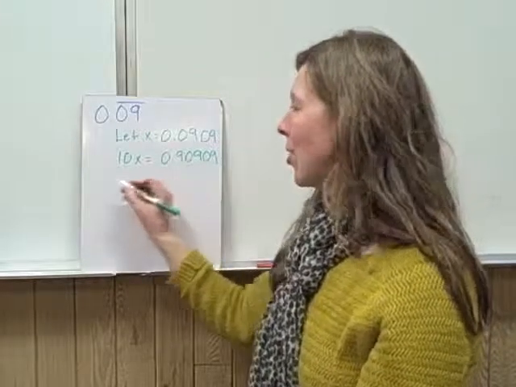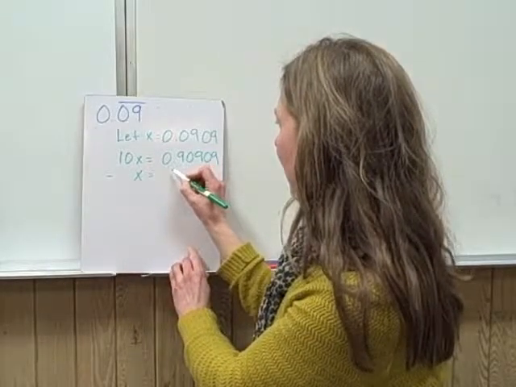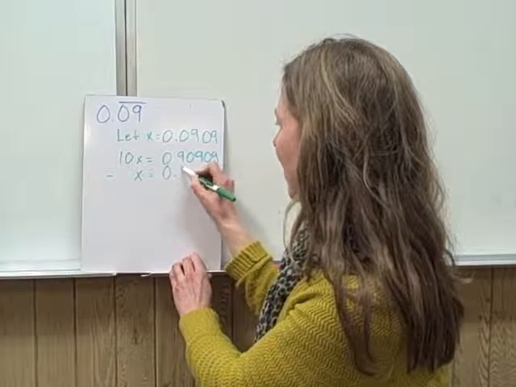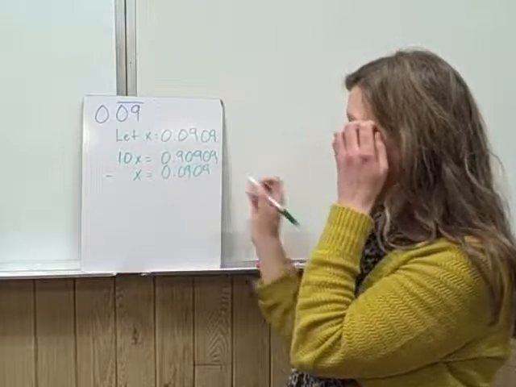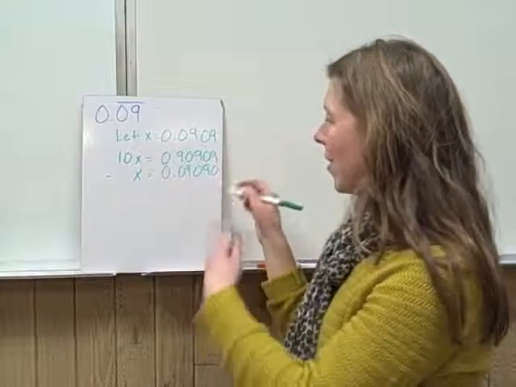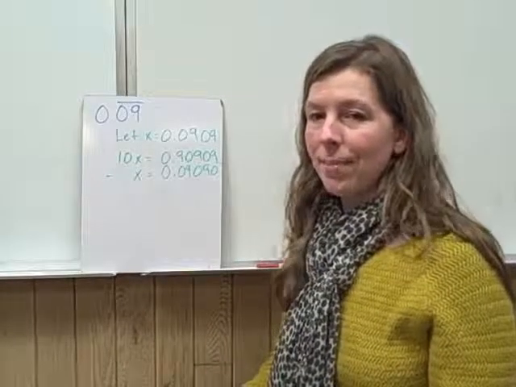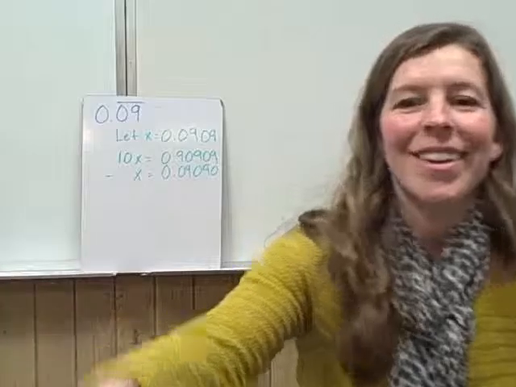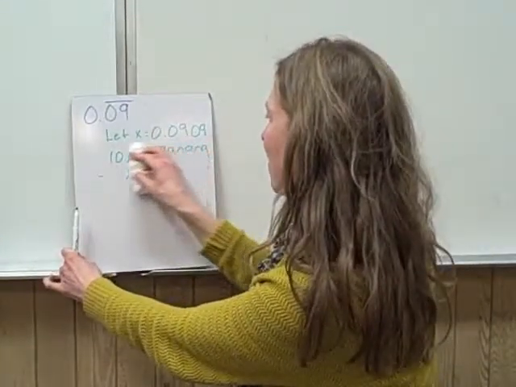And then we subtract 1x, lining up the decimal points. You see how this doesn't line up? So when I actually do the subtraction, I'm not getting 0. So we have to come up with a better plan. I'm going to grab my eraser. Okay, so that's not going to work.